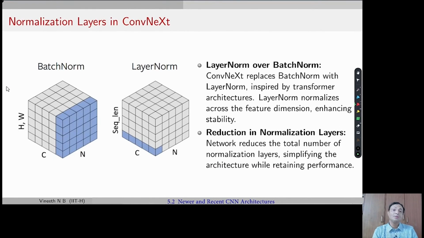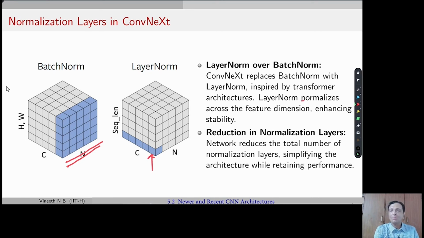Beyond this, they also change the normalization layers in the ConvNeXt architecture. Instead of using the popular batch normalization layer, where you typically normalize the elements in a mini batch of n samples, they instead go back to layer normalization, which you could say was similar to the local response normalization proposed in AlexNet.